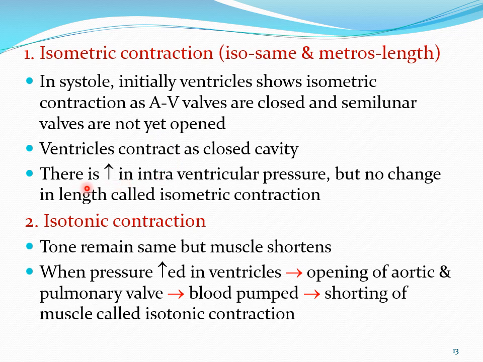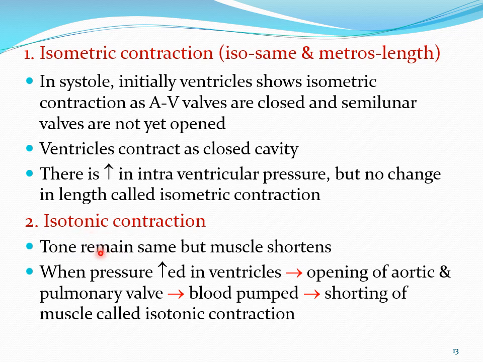There is an increase in ventricular pressure, intraventricular pressure, but no change in the length of the muscle, and that's why it is called isometric contraction. So initially there is isometric contraction. Now it is followed by isotonic contraction.